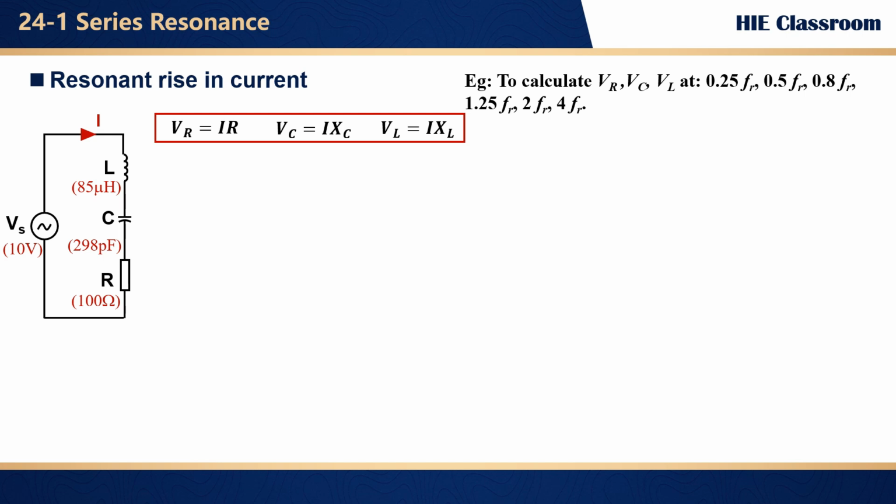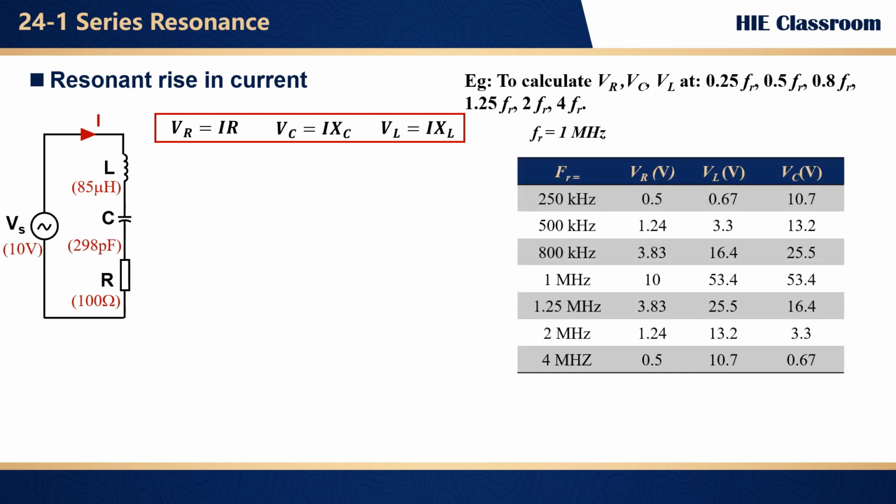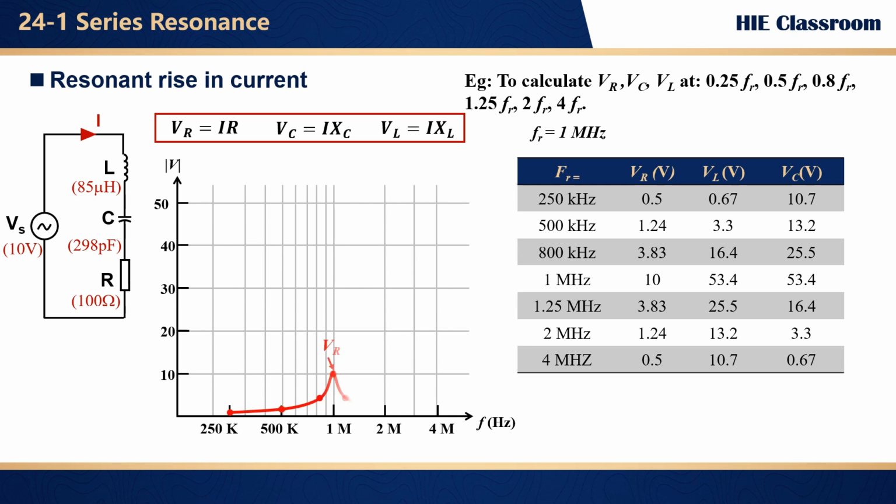We've already got the resonant frequency equal to 1 megahertz and the current values from the table above. So just work out these formulas to get the voltages. The results go into this table. We won't run through every number here. Then we plot VR, VC, and VL against the frequency on a log scale.